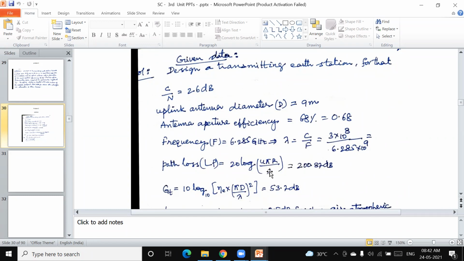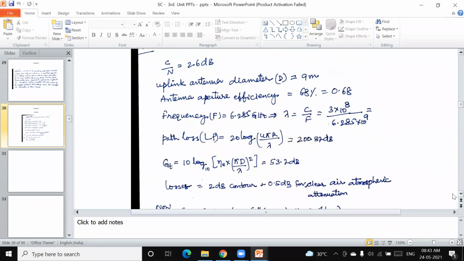Here in this problem, lambda is there. And what is the path loss formula? Lambda by 4 pi R, squared.